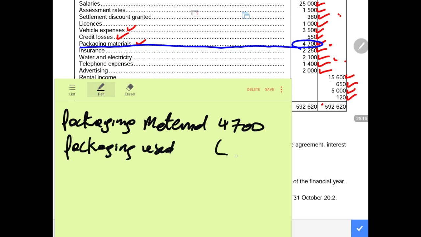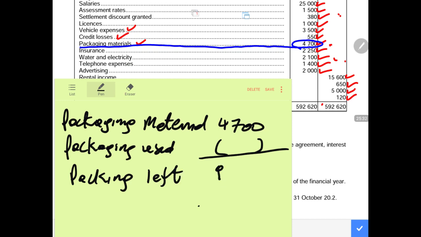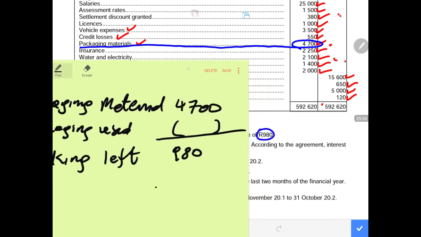We don't know how much was used, but we know that the more we use it, the more it will reduce what we have. Then we have packaging left at the end of the year, at a cost of 980. This is an asset, meaning packaging material that is not used during the year.